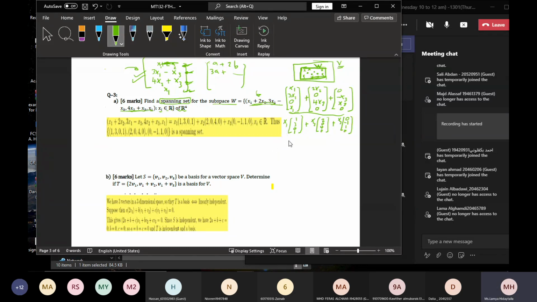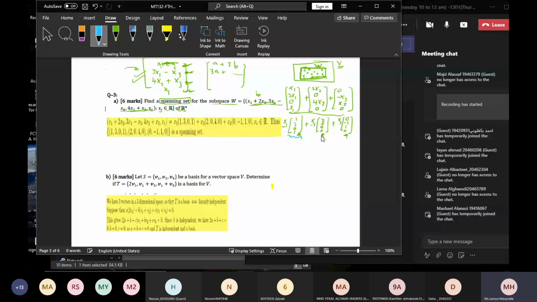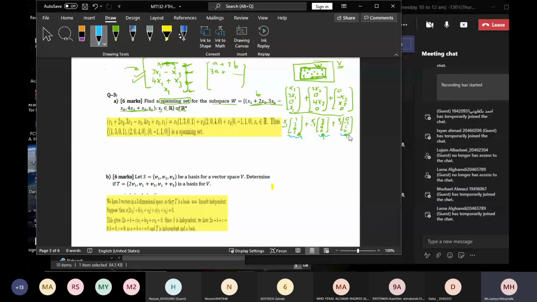What is this? This is the linear combination of what vectors? This vector and this vector and that vector, because x1, x2 and x3 are real numbers, like c1, c2 and c3, correct? So my space is spanned by these three vectors.